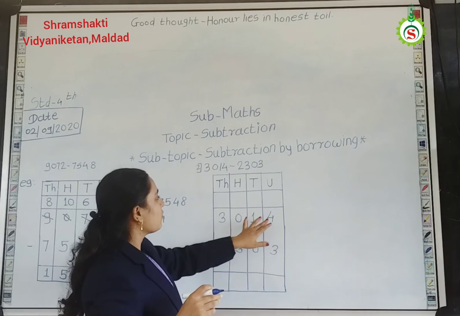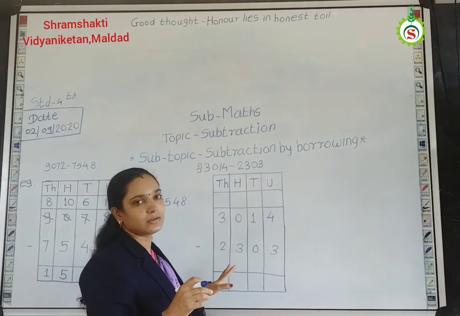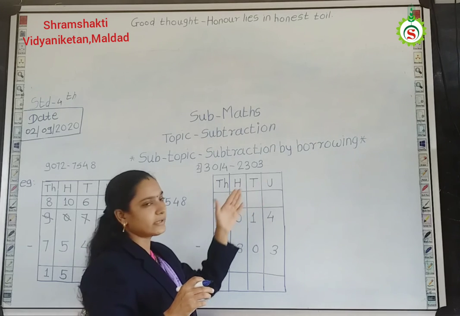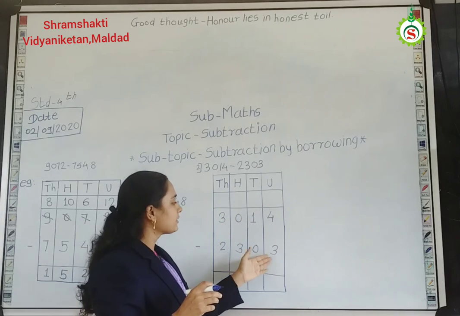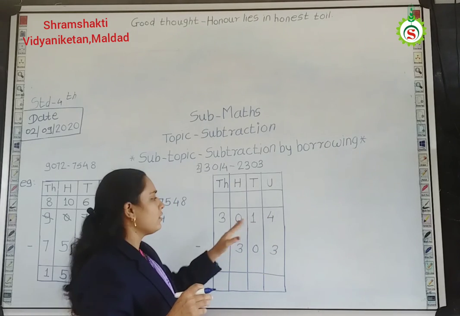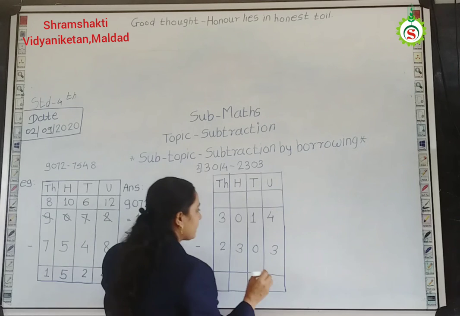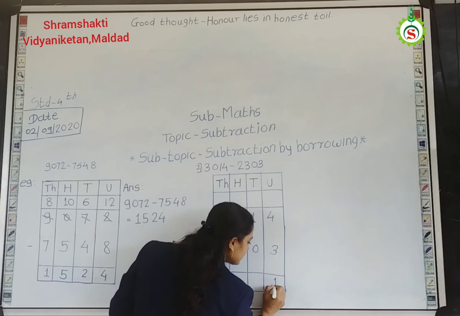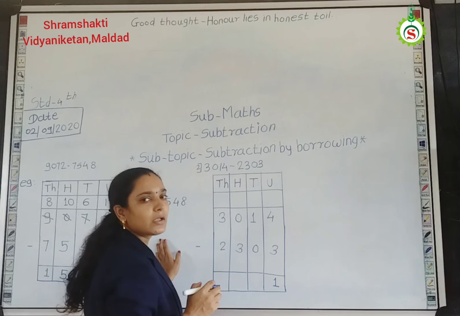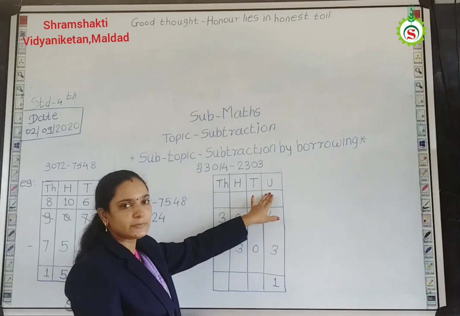So here 4 units minus 3 units. You know 4 units are bigger than 3 units. Therefore here subtraction is possible. 4 minus 3, how much? 1. Therefore here the answer is 1 unit. Then next place, the neighbor place of the units place.